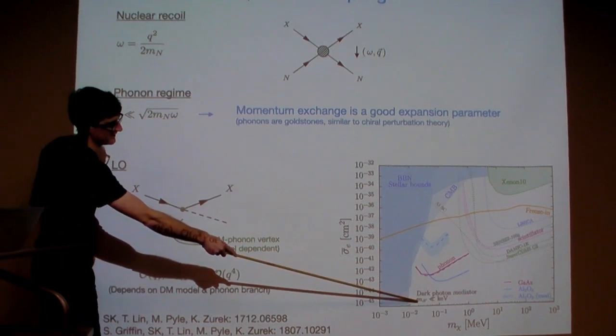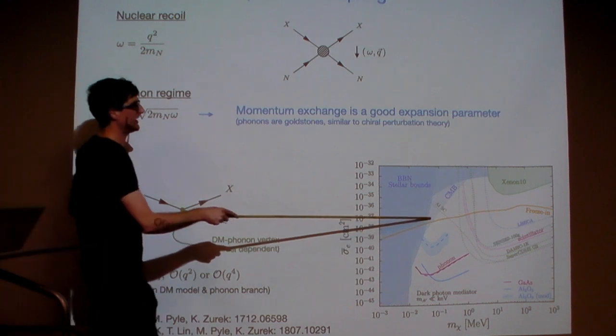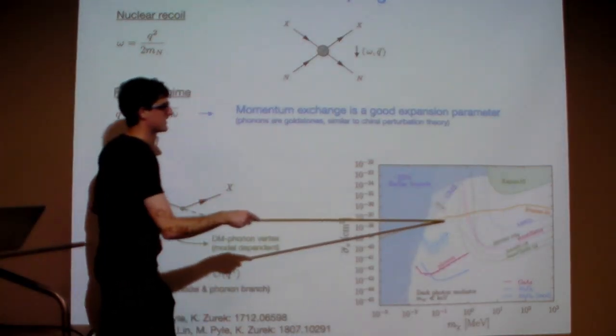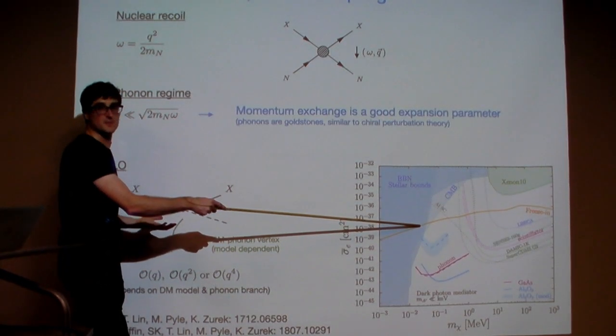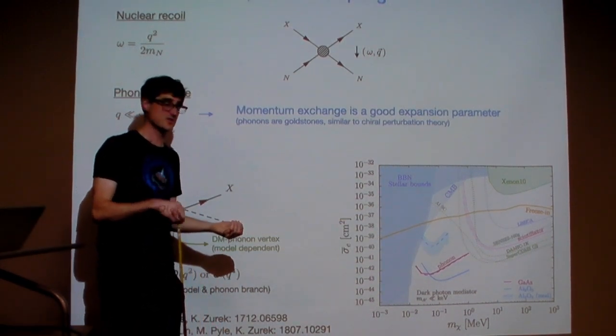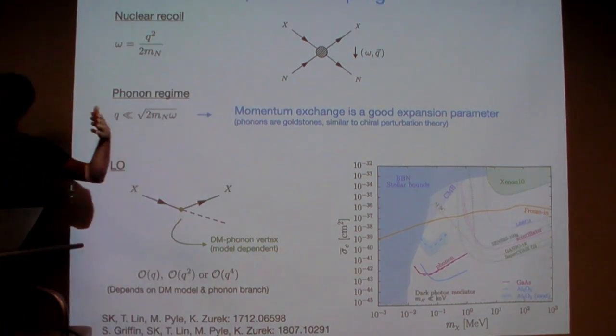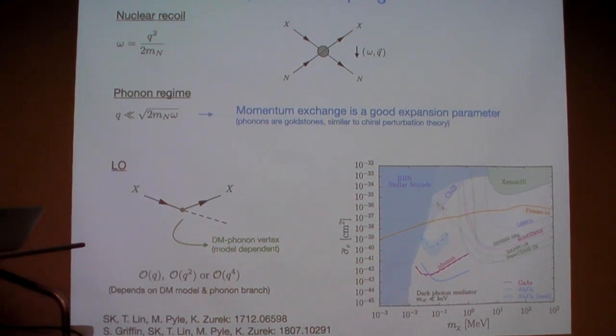To live on this line, you're talking about an effective charge of 10 to the minus 11 or so, so still very small couplings. You get a huge enhancement because of the Rutherford cross section. You have a very low momentum cutoff, so there is this enhancement in the scattering process.